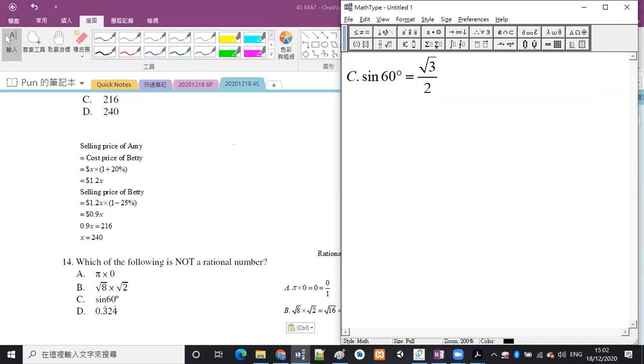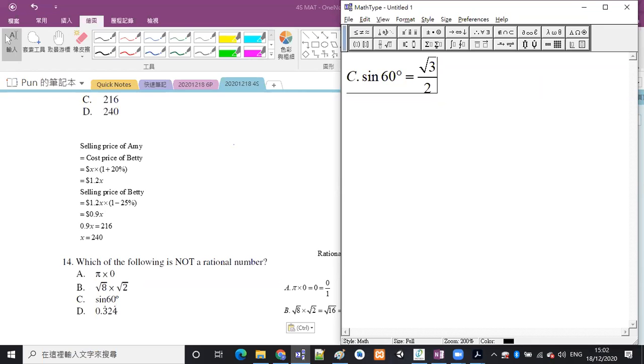And also, if a number has a pi which cannot be cancelled, then it will be an irrational number.